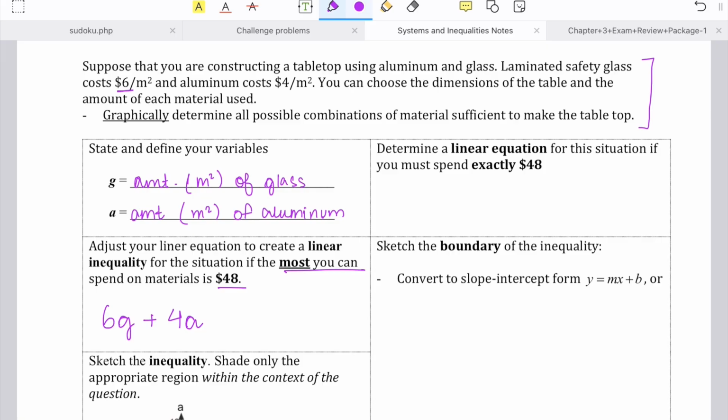So can I spend $48? Yes. Can I spend $47? Yes. Can I spend $49? No. So that means it needs to be less than or equal to 48. So when it comes to word problems and you get confused by what most or least or at most means, you can just put in different numbers and see if it'll be less than or greater than. If you have 6 G's and 4 A's, that's $52.